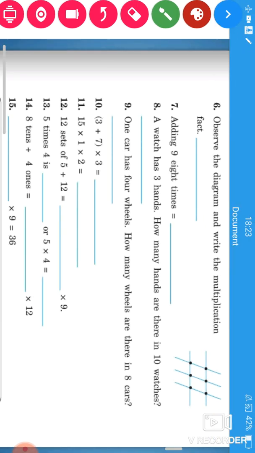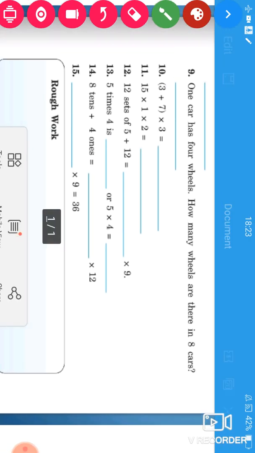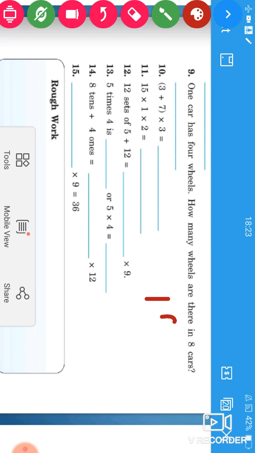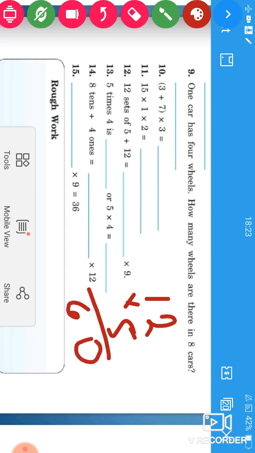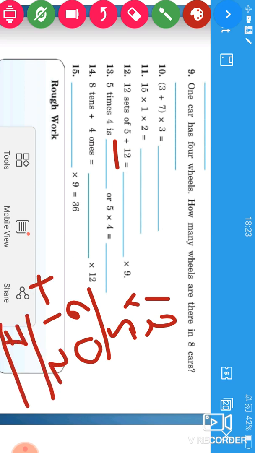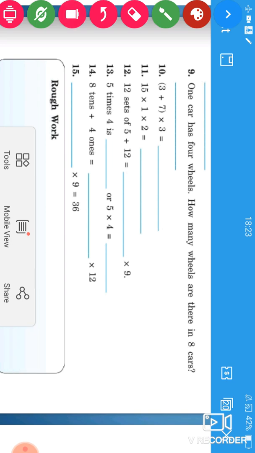That means 12 into 5. 12 fives are 60, and then 60 plus 12 will be 72. So 12 sets of 5 plus 12 gives us 72.